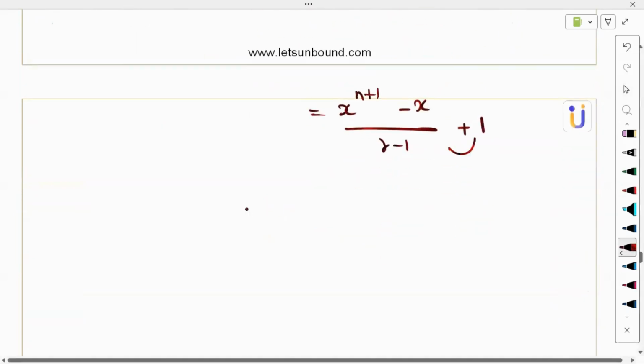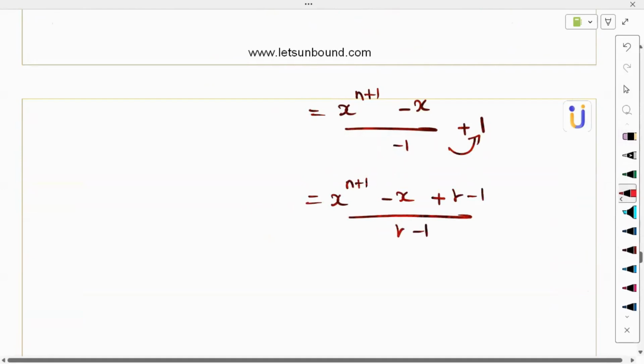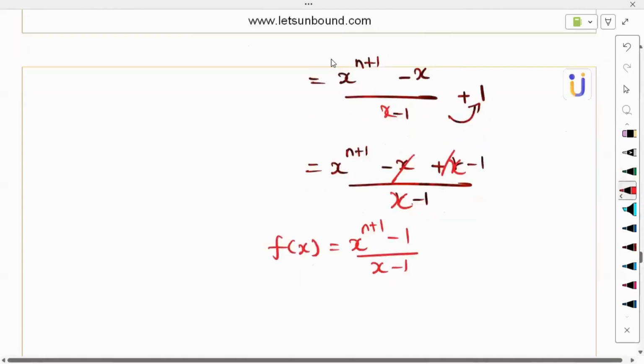And let's multiply this over here. x power n plus 1 minus x plus r minus 1 by r minus 1. Okay, what is my r? It is x. That will be better. So now minus x plus x cancelled. x power n plus 1 minus 1 by x minus 1. This is what we need to prove and we have that proof.